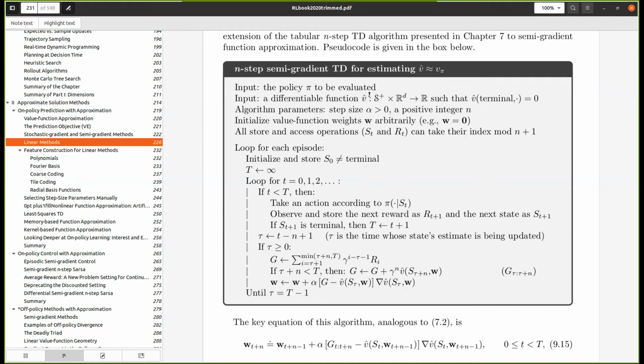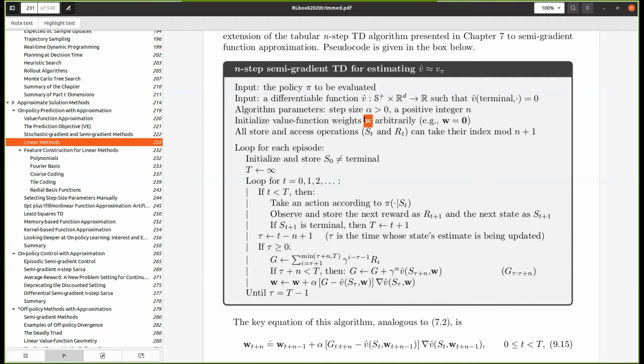A differentiable function. Yeah, so it's a function. So that's just a product of w and x, where x is a feature vector. Oh right, it's just a linear function there, is it?